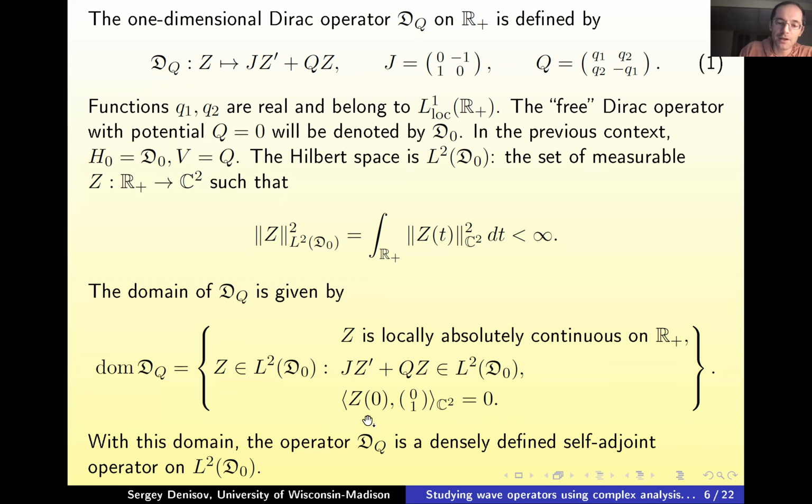And the last line right here is just telling you that we prefer to work with the boundary condition given by this condition that the component Z2, remember Z comes with 2 components, Z1 and Z2, is going to be 0 at the origin. So this will fix the boundary condition. And after doing that, this operator becomes a densely defined self-adjoint operator in the Hilbert space. Okay, so having said that, we move on.